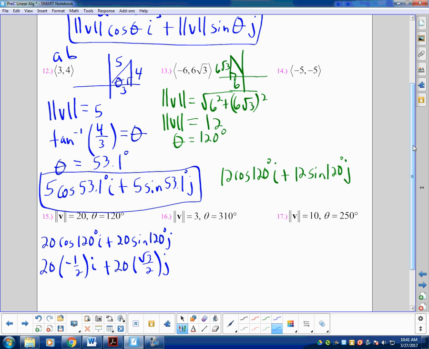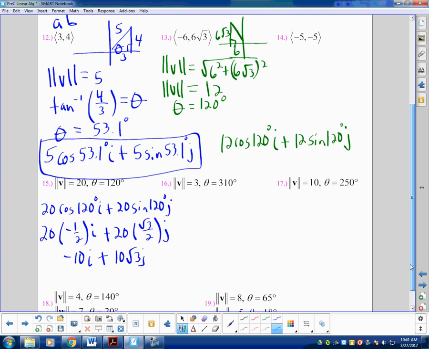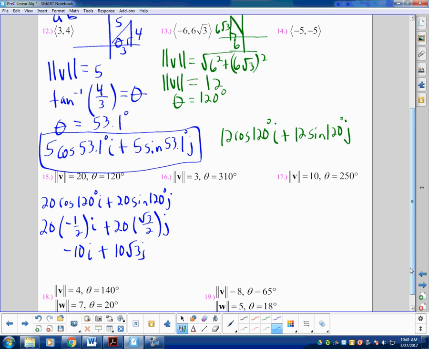So 20 times negative 1/2 is negative 10 I plus 20 times root 3 over 2 is 10 root 3 j. And then we're not quite in component form, we're in ij form. So component form will be negative 10 comma 10 root 3.